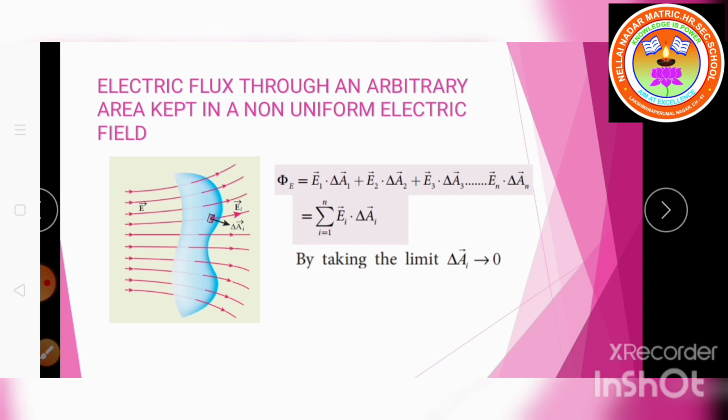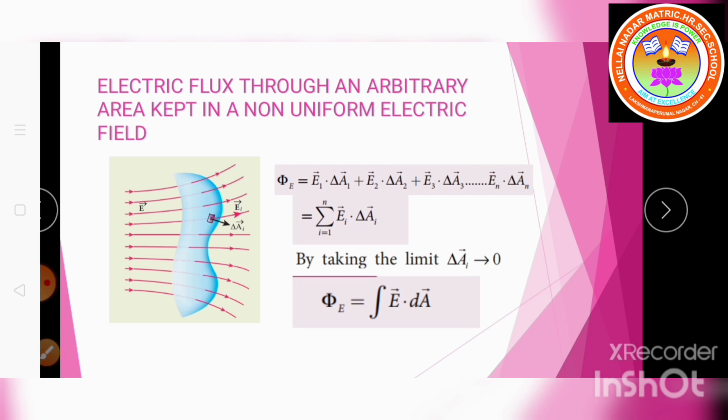So instead of this summation term, we can write an integral. The summation from i equals 1 to n becomes an integral. Understand, children? So phi E is the integral of E vector dot dA vector.